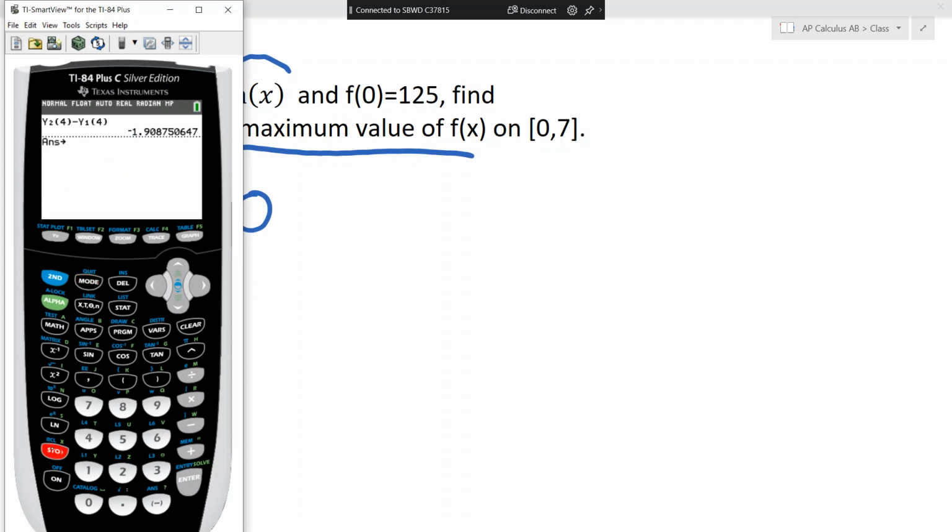It's right above 1. That means store. So right now it says answer, stored as, and you can make it any letter you want. I always just use A and B. So you hit alpha, A, enter. And now anytime you hit alpha A, it's going to spit out pi. Cool. Again, it doesn't have to be pi, it just is in this case. Does that make sense?